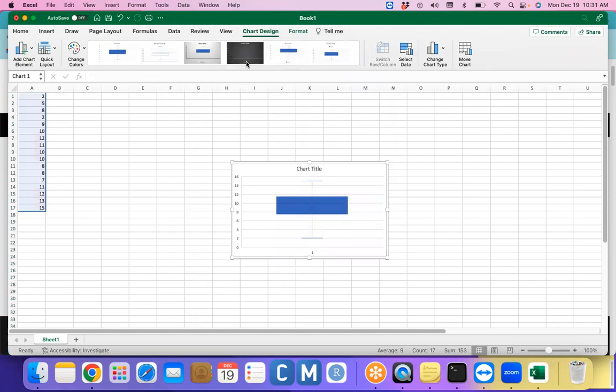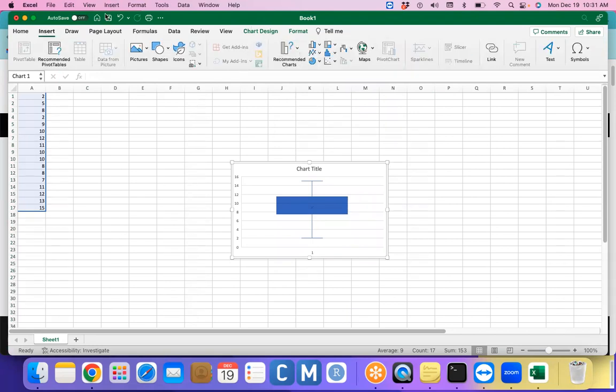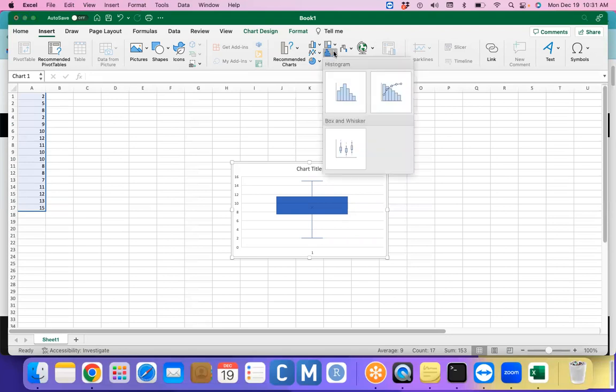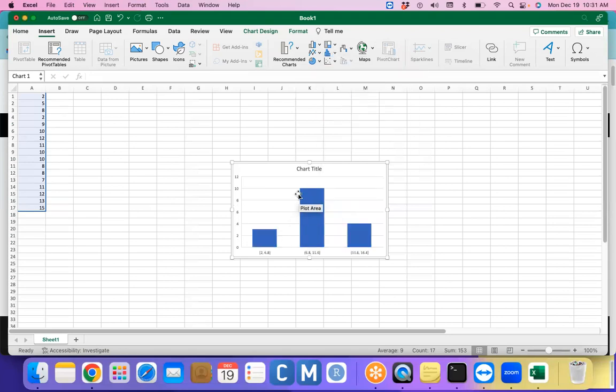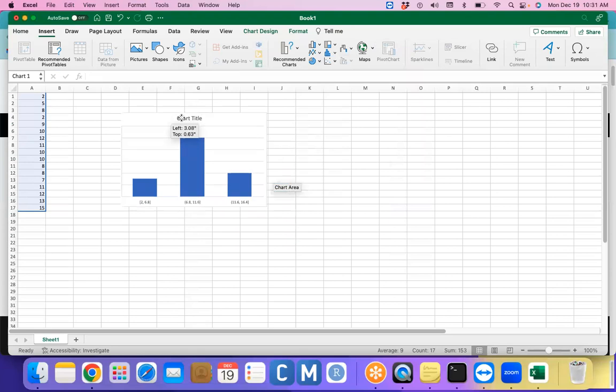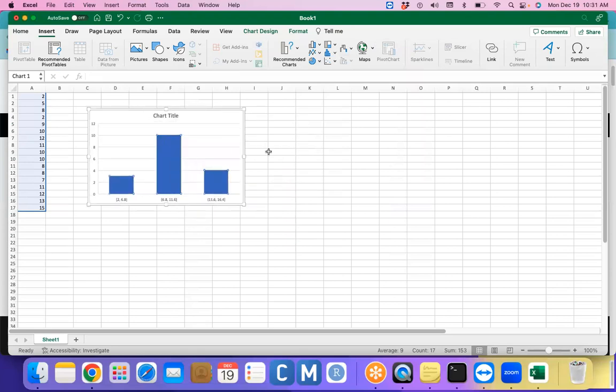So the box plot we can find in charts. In Excel also we can go ahead and insert, and there are different kinds of charts. You can click on any one of the charts and we can do it. For example, I want to get the distribution, then we just go and see the distribution. See, this is your distribution.